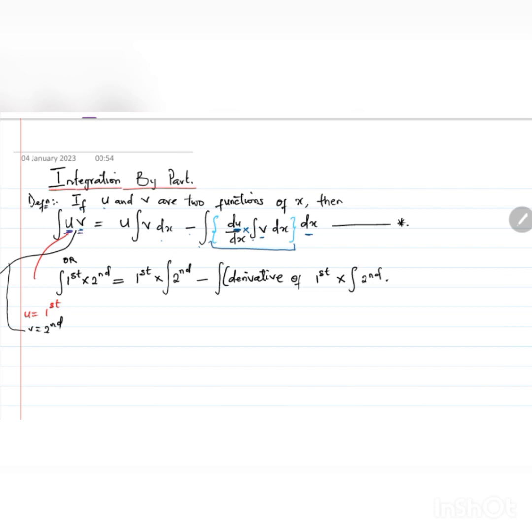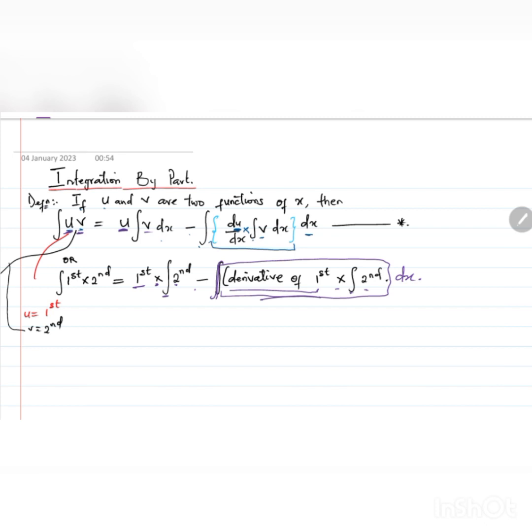Since u is the first one, v is the second one, you write the first function, multiply it with the integral of the second function, minus the integral of the derivative of the first function times the integral of the second function. But don't forget, this integral is affecting everything that is here, so everything here will be the integral of everything here with respect to x.